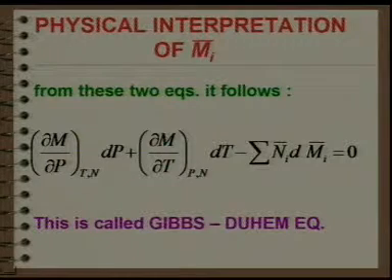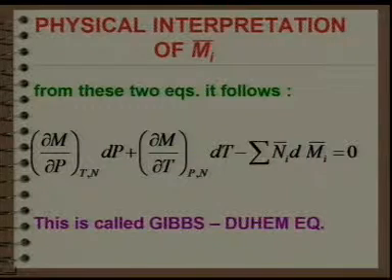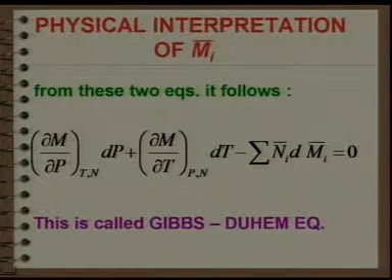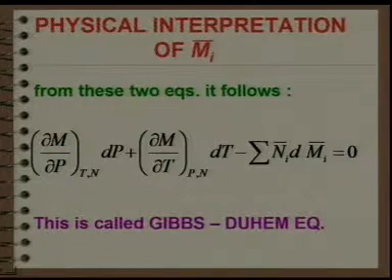Again, the most important case of this Gibbs-Duhem equation arises when M is equal to the Gibbs function. That is the special case. So write down what will be there. If M is Gibbs function, what will this equation become? Please write down.